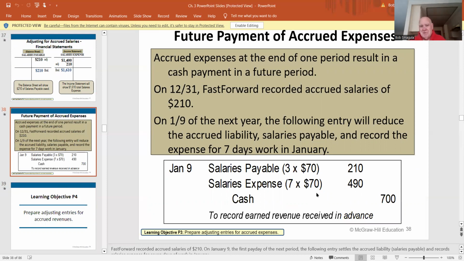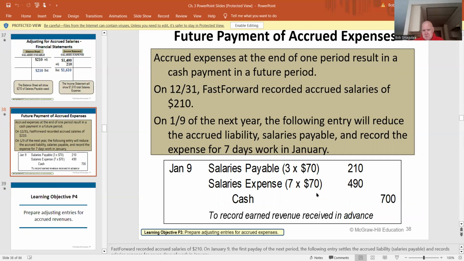They're throwing a little complication in: future payment of accrued expenses, okay? Accrued expenses at the end of one period result in a cash payment in the future. So we recorded a payable of $210, right? Now, a week and a half later, they paid the payroll.